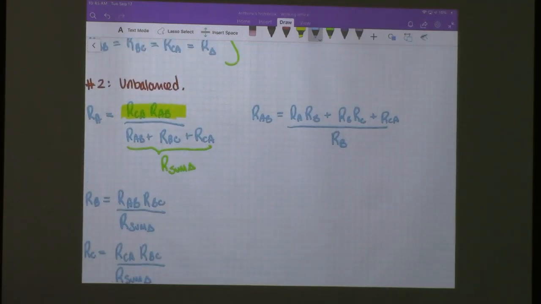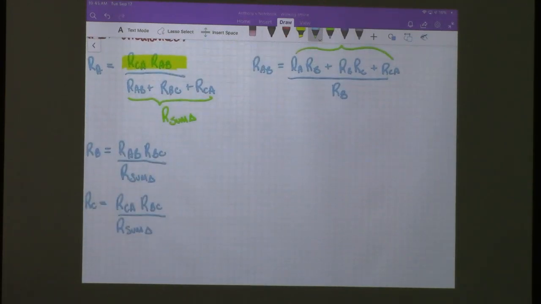And what I'm going to do is call this numerator right here R sum Y. And so the other two versions, we have RBC will be equal to R sum Y over RA, and RCA will be equal to R sum Y over RB.